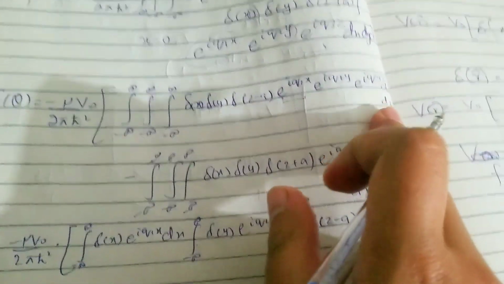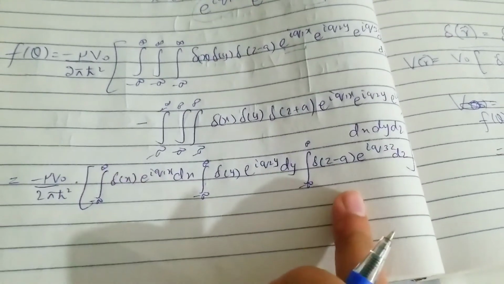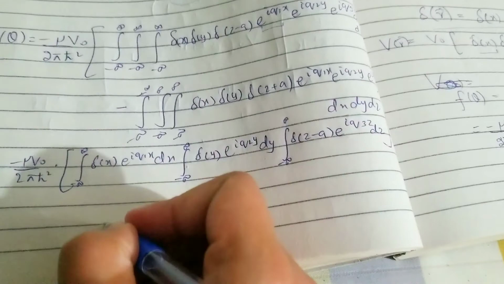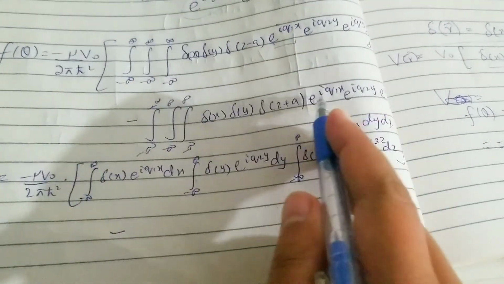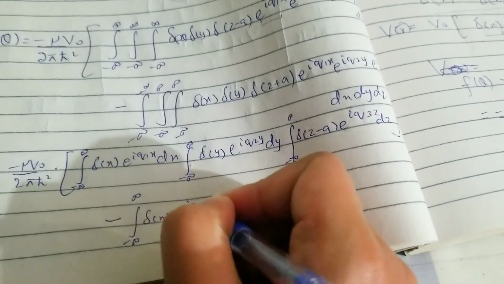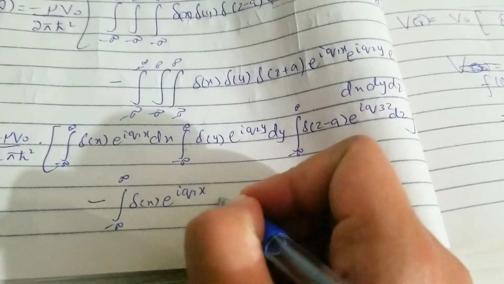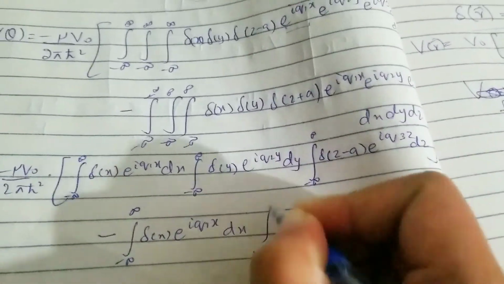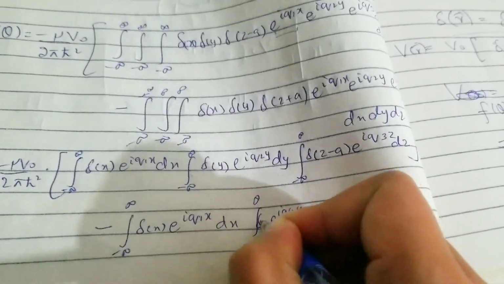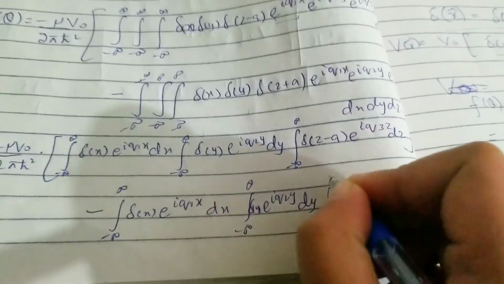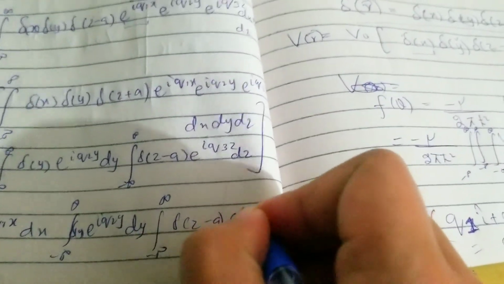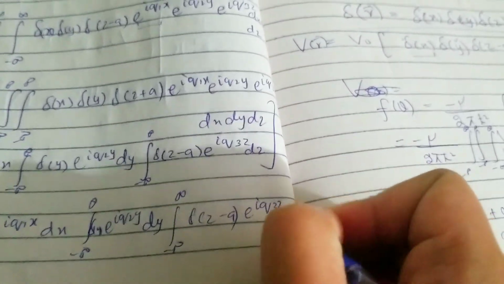Now I have written this integral into separate forms with x integral, y integral, and z integral. Now this one integral will be done the same way. And dx from minus infinity to plus infinity. And here delta z minus a, e to the power i q3 z dz.